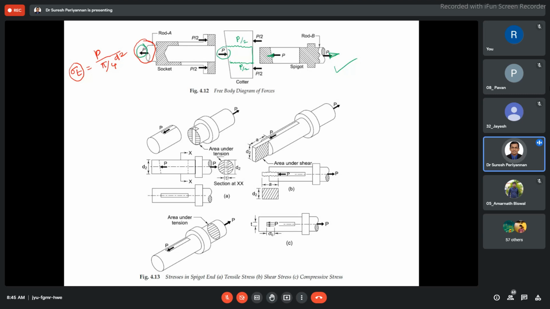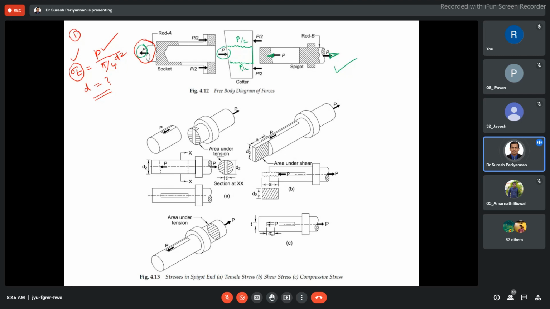Our application is how much load I want to transmit, and how much load I am going to use in this arrangement. We must know this, right? This also we know from the table. Only then can we find the diameter of the rod end or spigot end. Okay, this is the tensile failure of the rod.